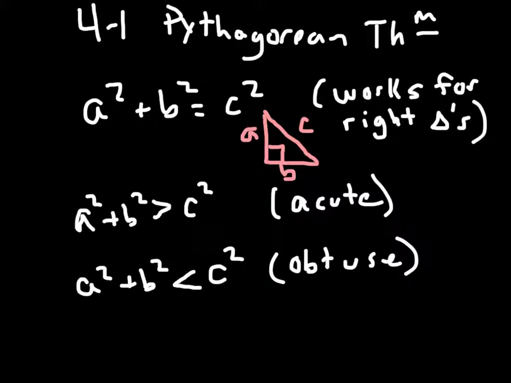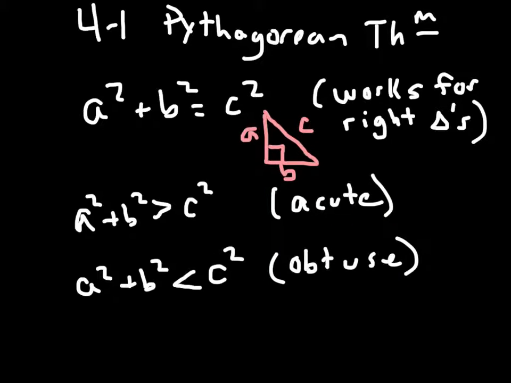The Pythagorean inequality is still a squared plus b squared, but it's not equal to c squared. You could change the equals to inequalities, and that helps you determine if a triangle is acute or obtuse. Because if it equals c squared, it's got to be a right triangle.